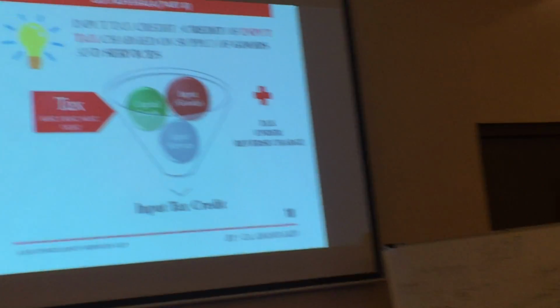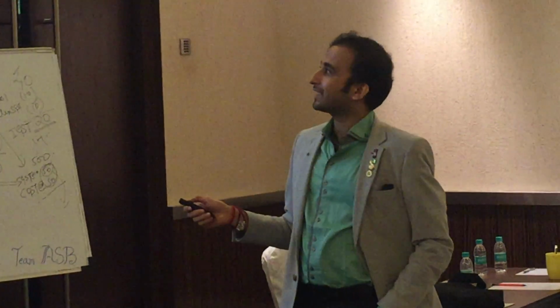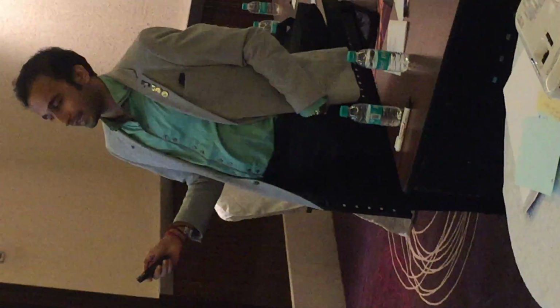First, what is input tax credit? It is a combination of input tax credit on capital goods, input tax credit on services, and input tax credit on normal goods, plus what you have paid under reverse charge mechanism, which you can also take credit of. That falls into the definition of input tax credit.